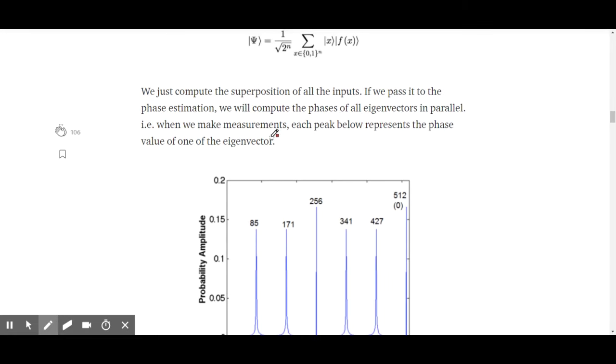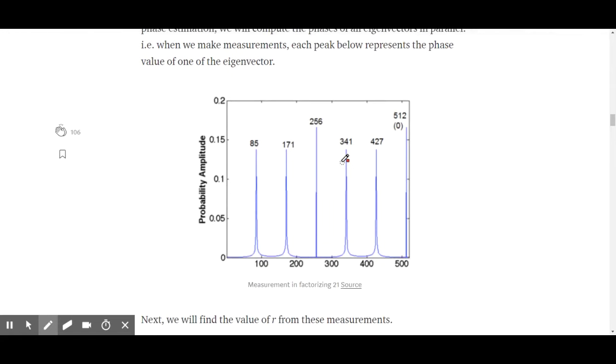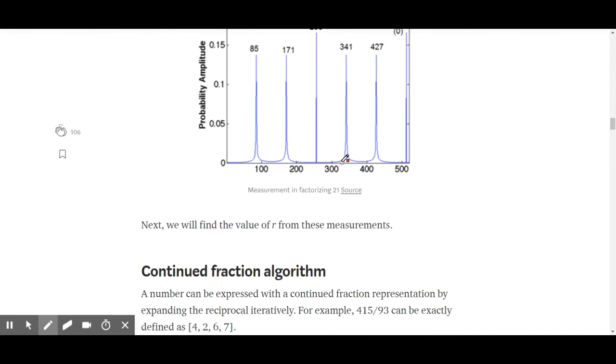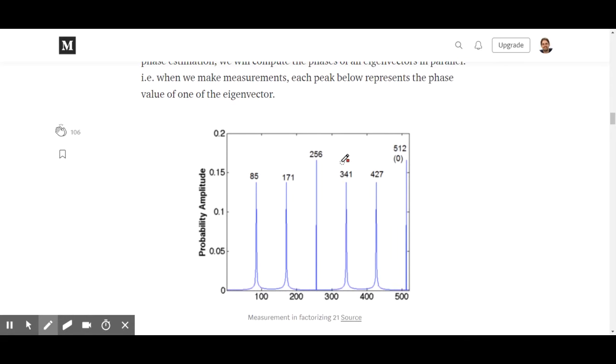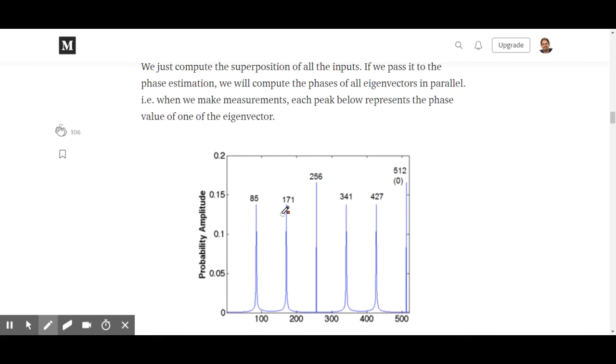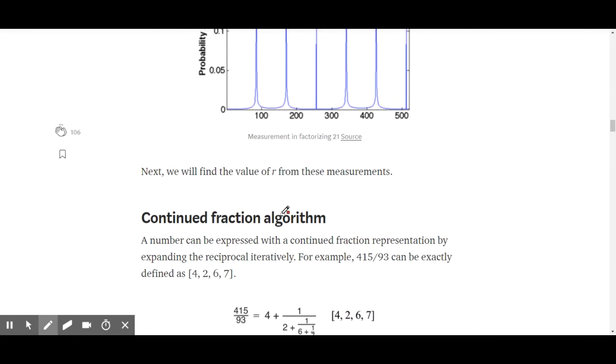When we make measurements, each peak represents the phase value of one eigenvector. Probability amplitude. Next, we'll find the value of r from these measurements.